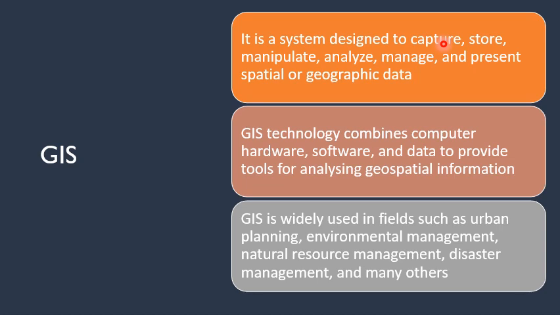So first of all, you will collect the data, and all this data you will store in your computer, on your hard disk, and thereafter you will open your software and add the data to manipulate and analyze. This was the sea surface temperature, I mean the average sea surface temperature of this area.